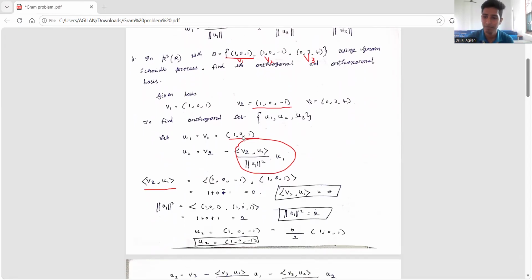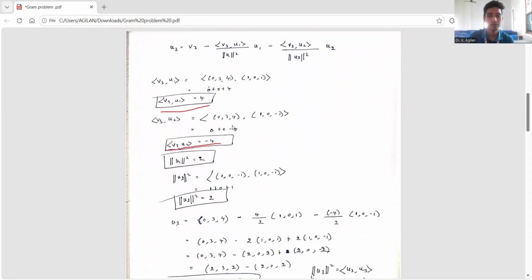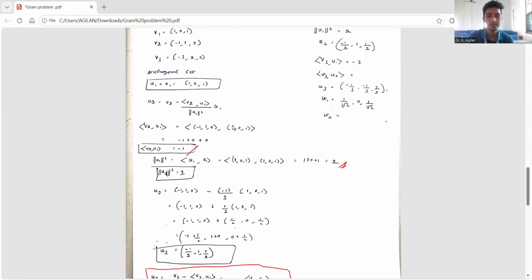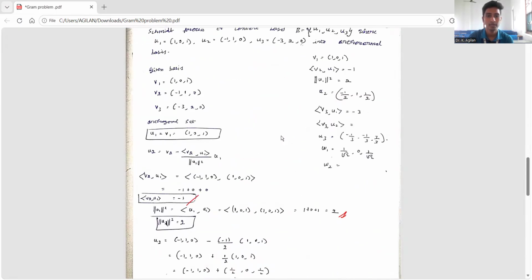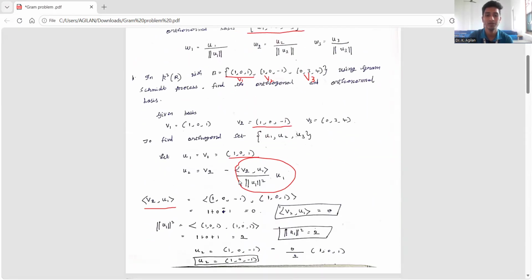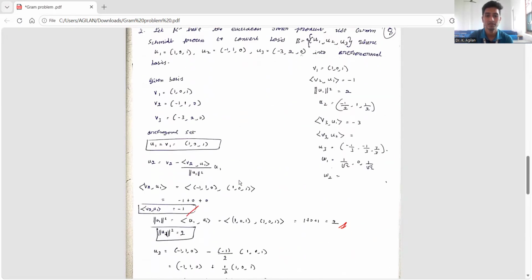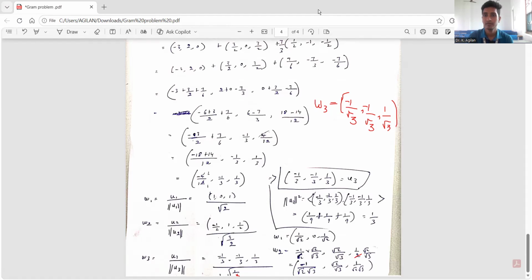See, these are the simple steps, and here we solved two problems, right? So we can find U1, U2, U3, and similarly W1, W2, W3. Thank you.